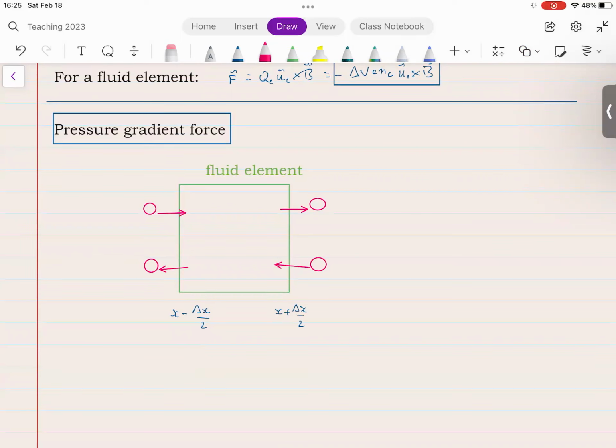Now, for the momentum in the x direction, let me call it some total mass.